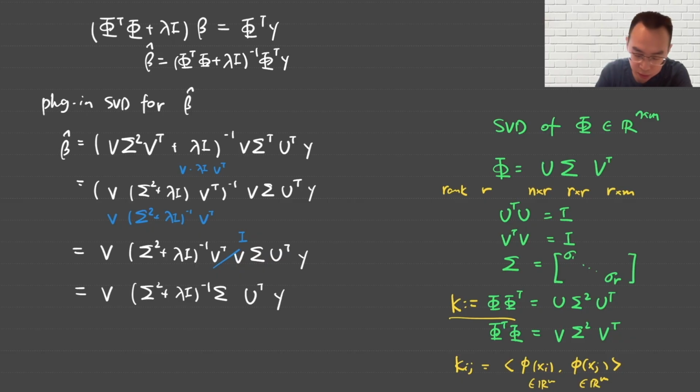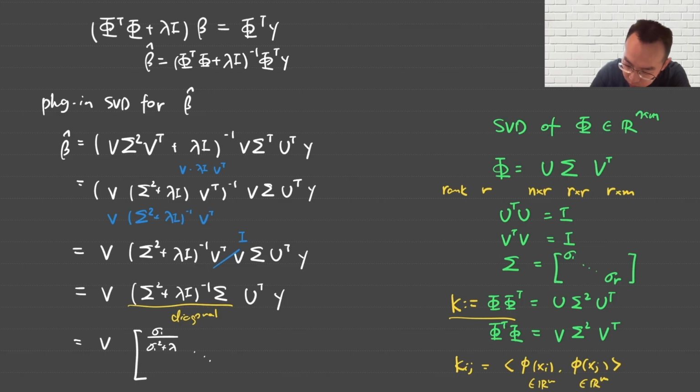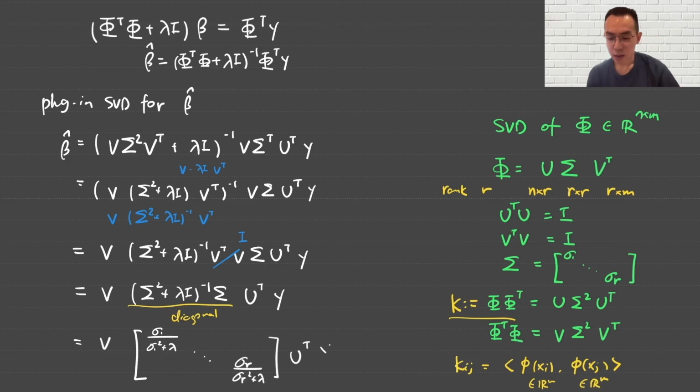This is nice. Because these two matrices in between are both diagonal, we can just expand it. It's V times this diagonal matrix with entries sigma 1 over sigma 1 square plus lambda, all the way to sigma r over sigma r square plus lambda, then U transpose Y. That is a nice formula for ridge regression.